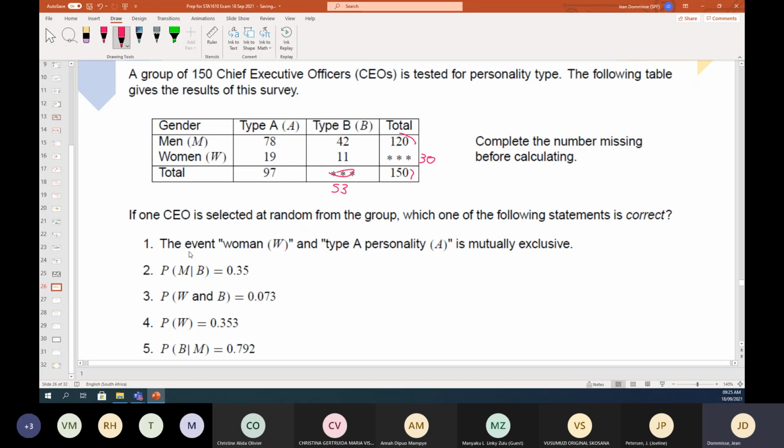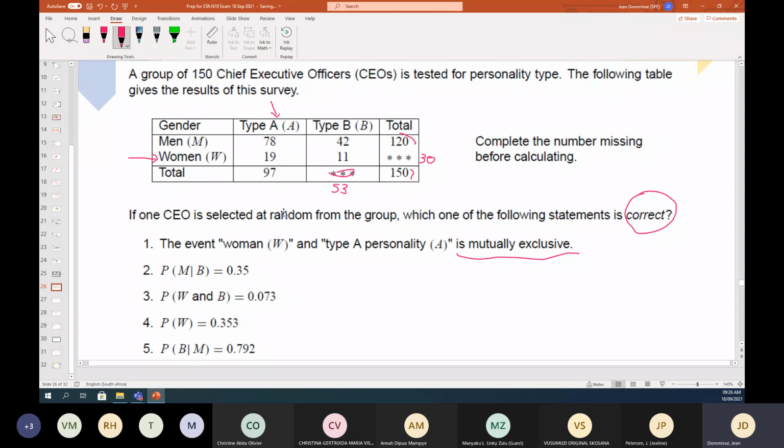Okay, so the event woman and type A is mutually exclusive. Which one is correct? This is definitely not correct.